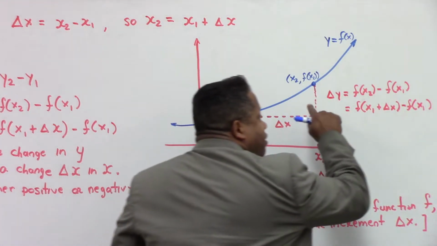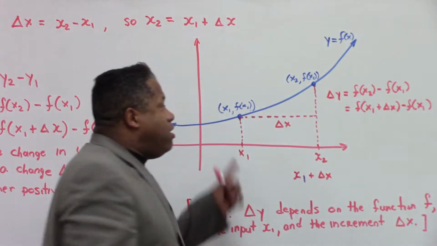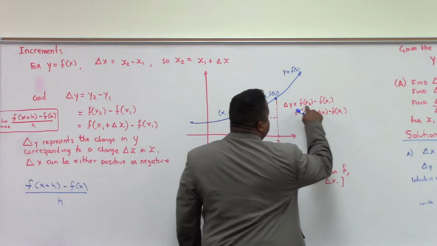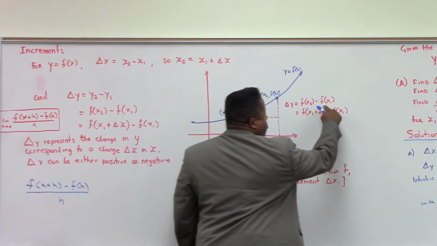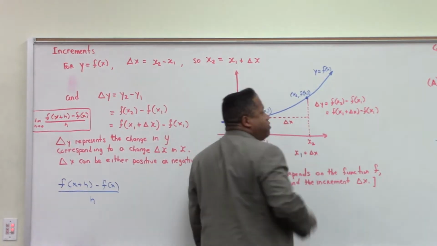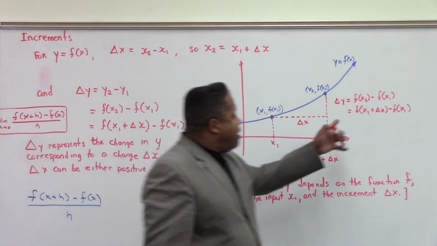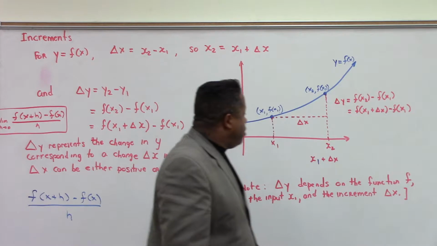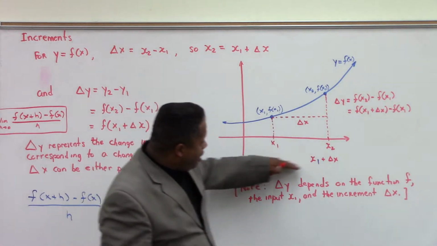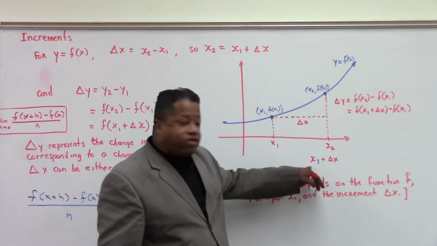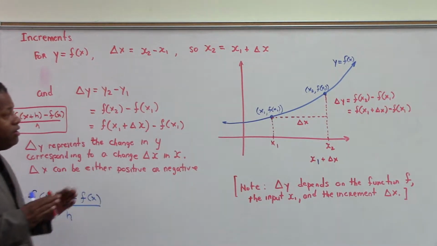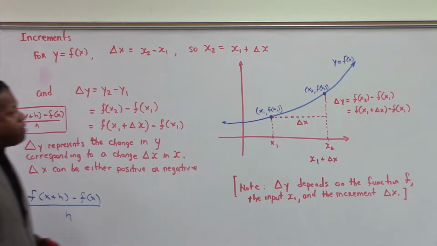So we see the change of y over the change in x. So delta y is equal to f of x of 2 minus f of x of 1. And that also can represent what? f of x of 1 plus delta x minus f of x of 1. Right? And then here, for f of x, you have just x of 1 plus delta x. So here, this is how the graph would actually look.